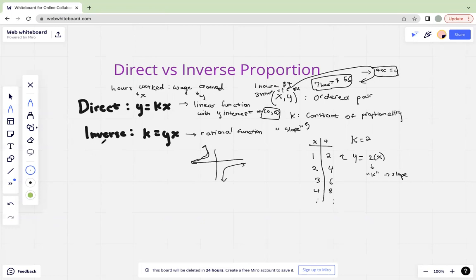The question will actually tell you if it's inverse or direct proportion, but let's see what applications of inverse would be.